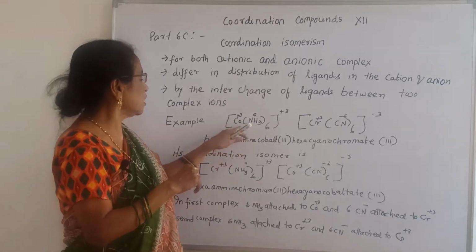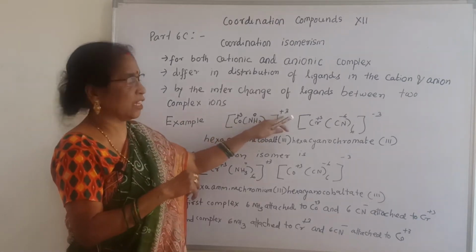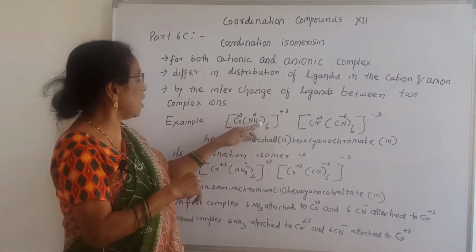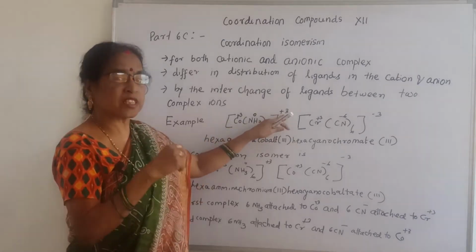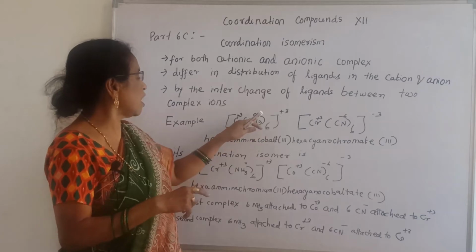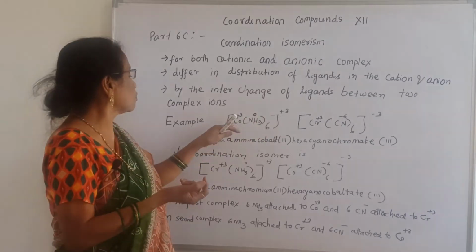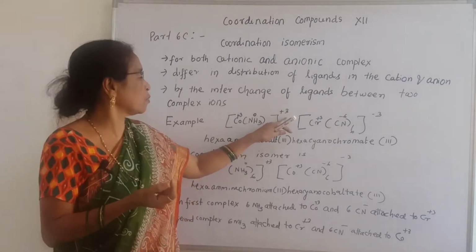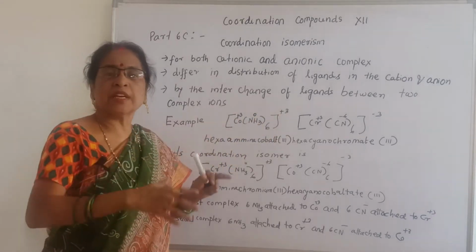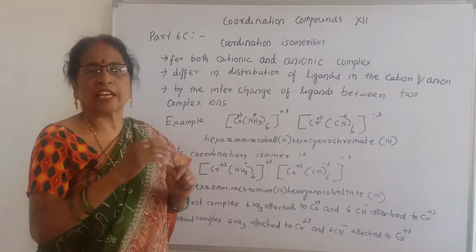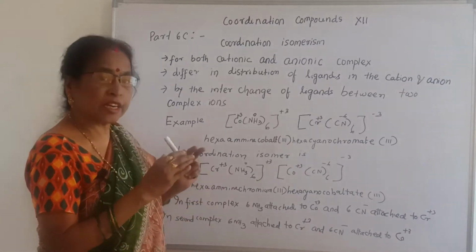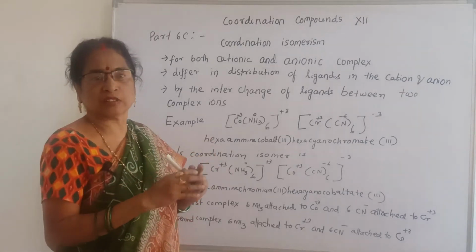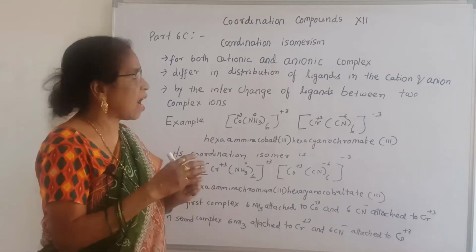That is why [Co(NH3)6] 3+. Ammonia is a neutral ligand, so cobalt is plus 3, and the charge written as superscript is plus 3. That means it is a cationic complex ion.